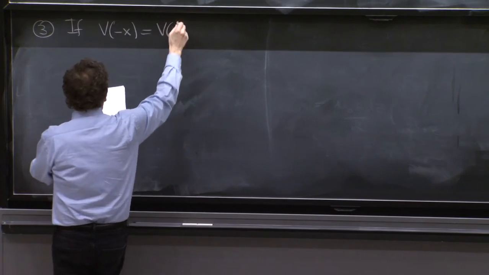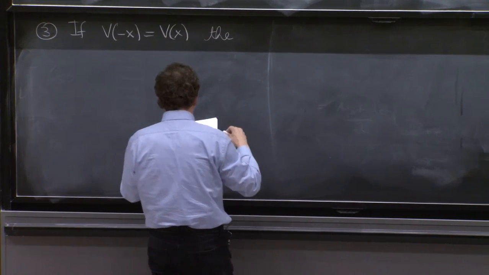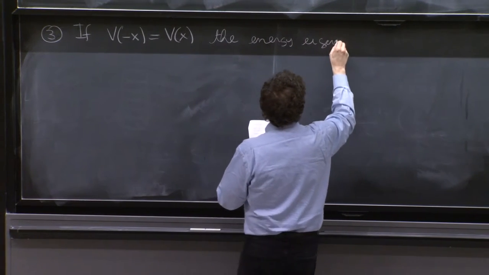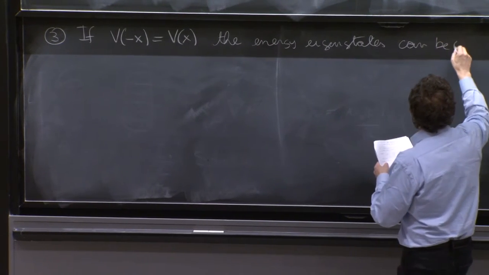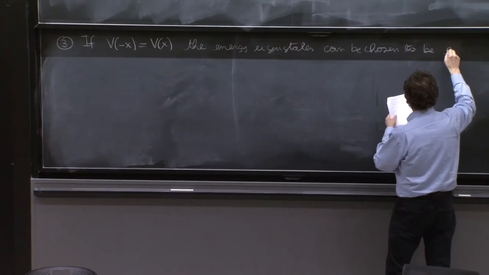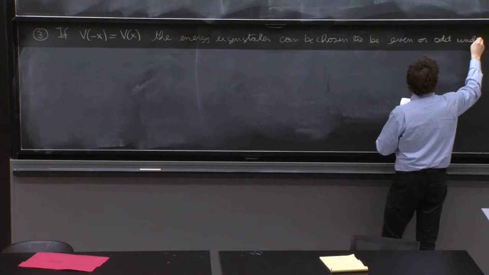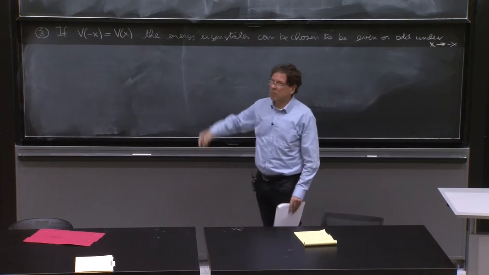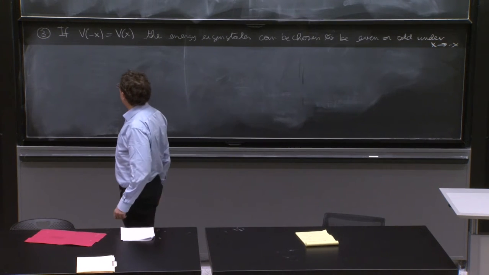If a potential is even, here comes again the careful statement, the energy eigenstates can be chosen to be even or odd under x goes to minus x. So that's the analog of the first sentence in property number 2.